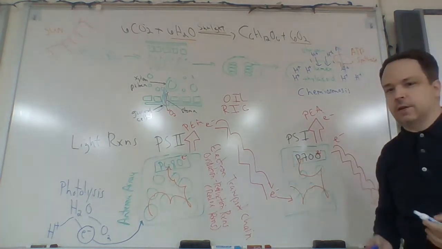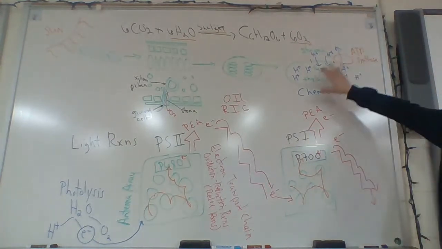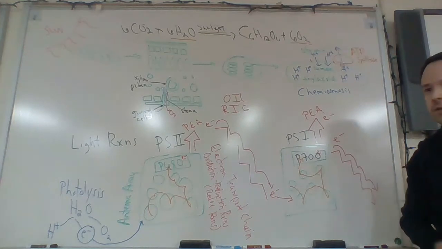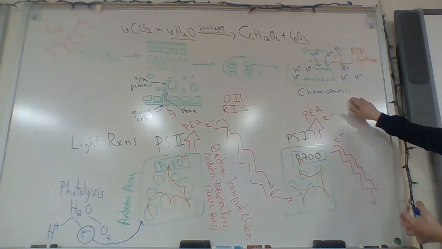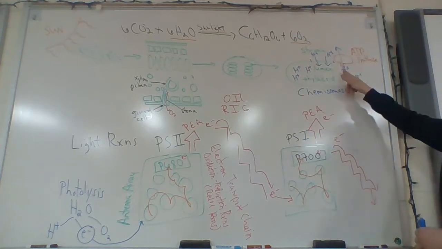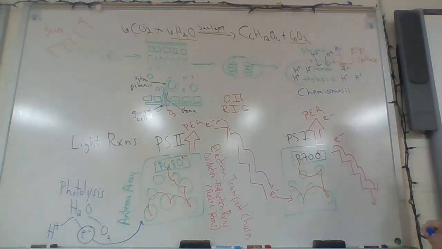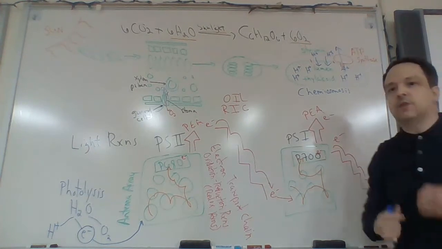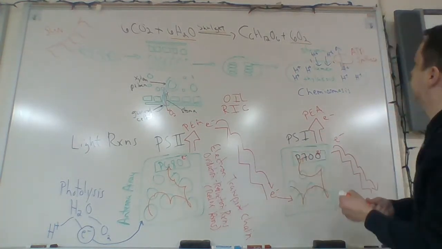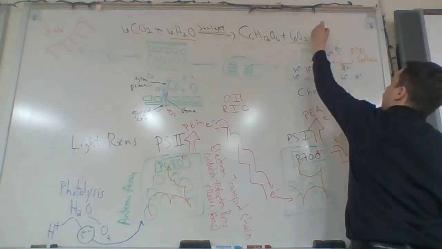These hydrogen ions that are built up in the lumen passing through ATP synthase during photosynthesis: chemiosmosis. And the energy generated from these hydrogen ions passing through ATP synthase is going to give us ATP. All right? It's going to give us ATP.